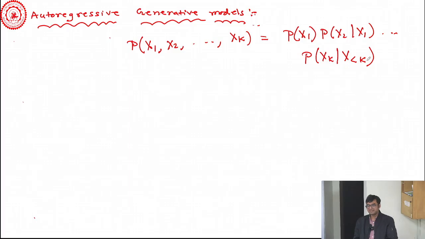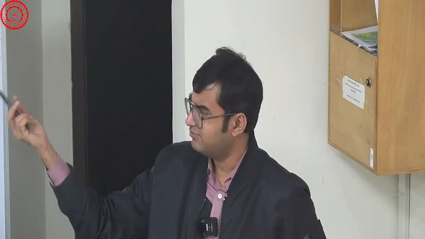There will be some data for which this sequence will be obvious: any speech, any NLP kind of problem, any time series modeling. In that sense, x1, x2, xk will be obvious. But if it is an image, this ordering is not obvious, and you have the freedom to choose. Theoretically, it does not matter. Practically, because you will learn, that will become a hyperparameter. But theoretically, it really does not matter.